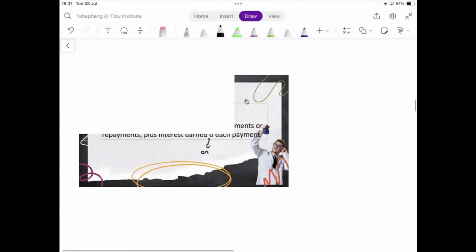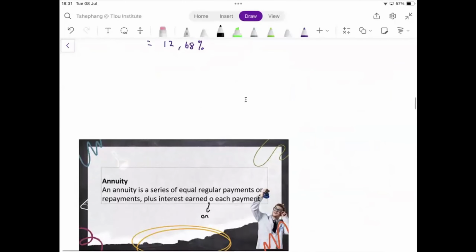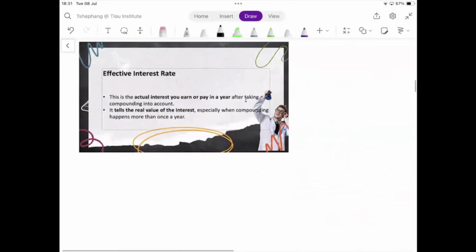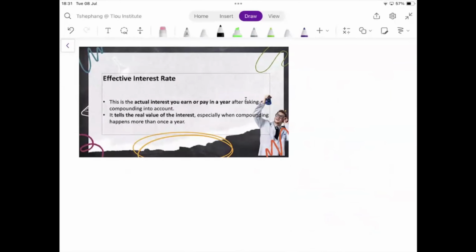Okay, somebody's asking me to quickly go back to the interest rate. So an effective interest rate is the actual interest you earn or pay in a year after taking compounding into account. It tells the real value of the interest, especially when compounding happens more than once a year.